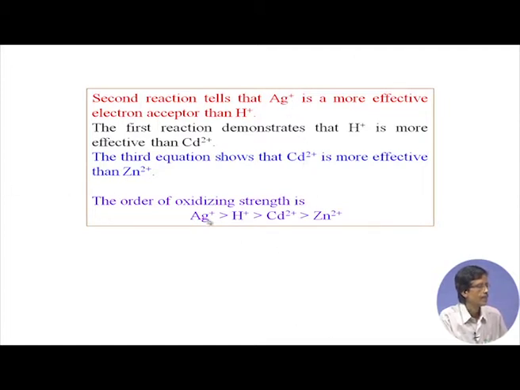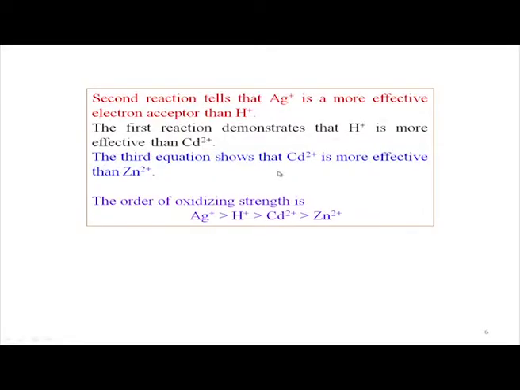So, we get the oxidizing strength order as Ag plus greater than H plus. And the third equation shows that cadmium 2 plus is more effective as an oxidizing agent than zinc 2 plus. That means, if we consider the oxidizing strength of bivalent cadmium and bivalent zinc, cadmium 2 plus will be the stronger oxidizing agent compared to zinc 2 plus.